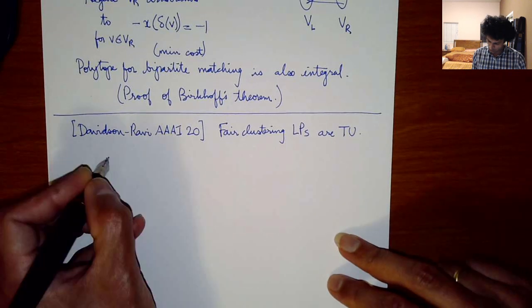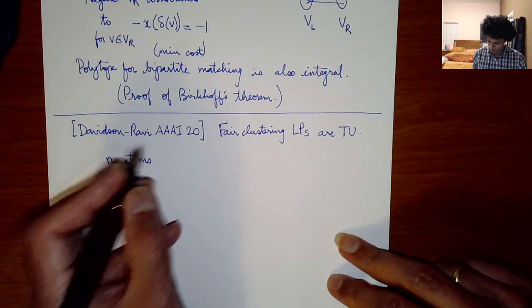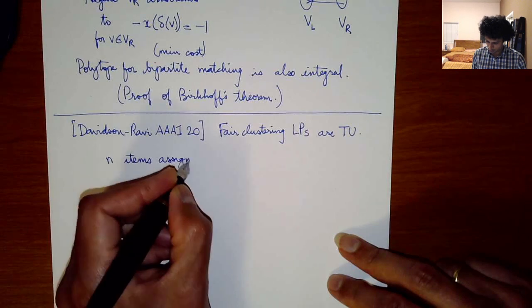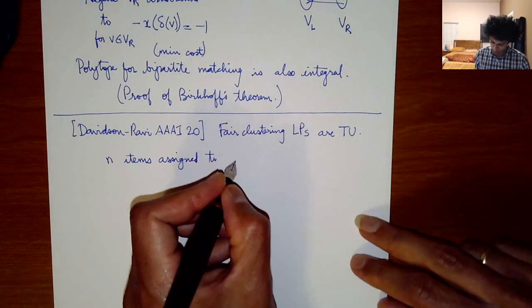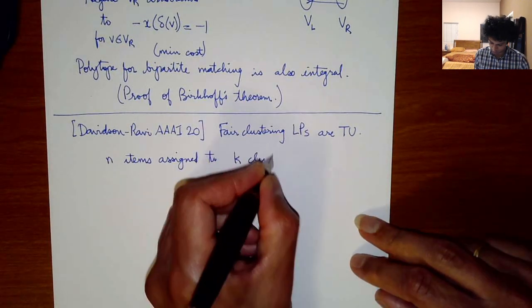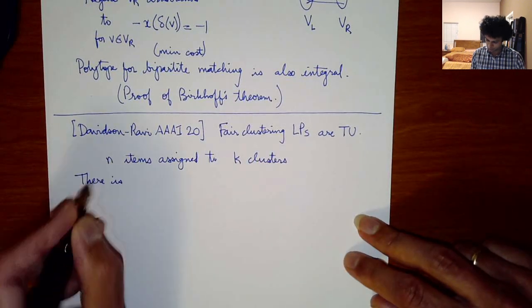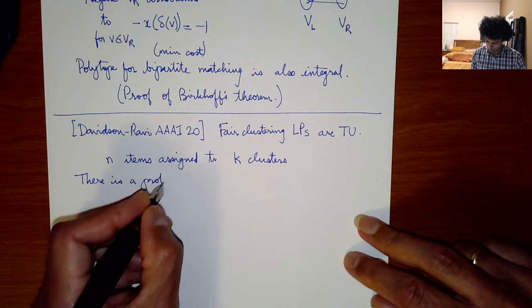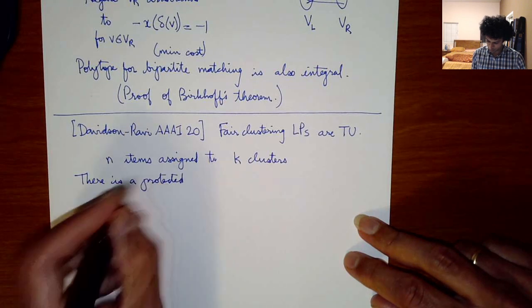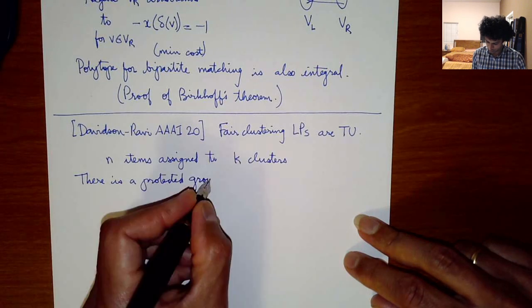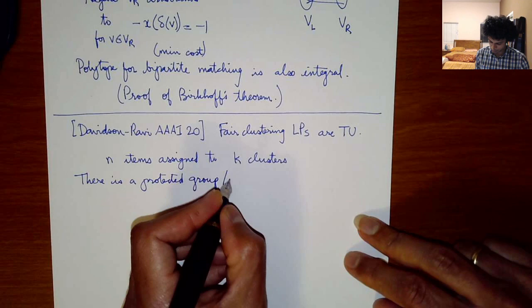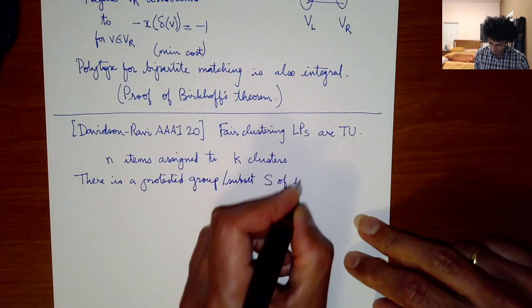So you have n items assigned to k clusters. There is a protected group, or a subset S of items.